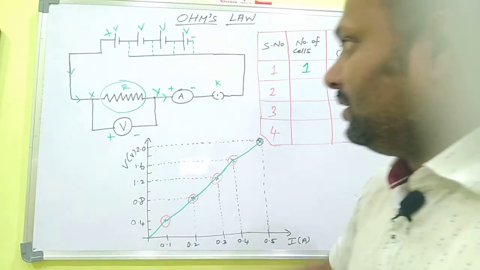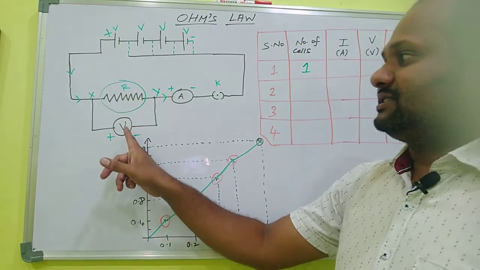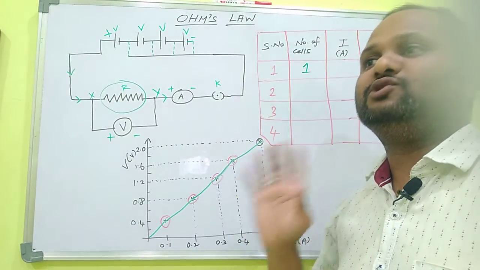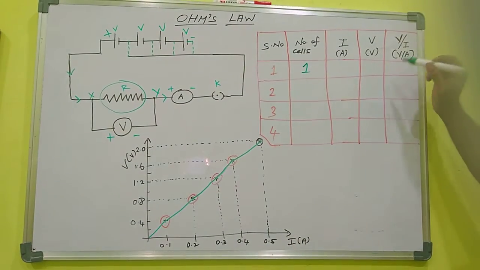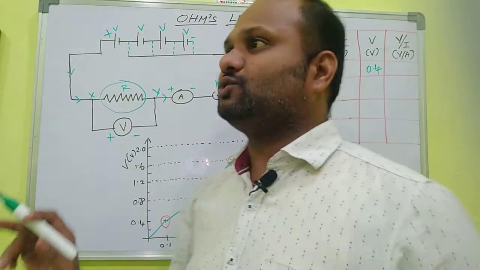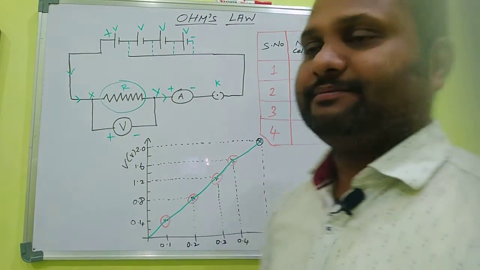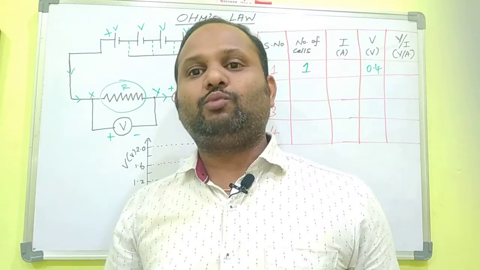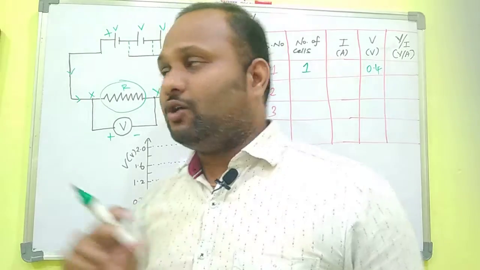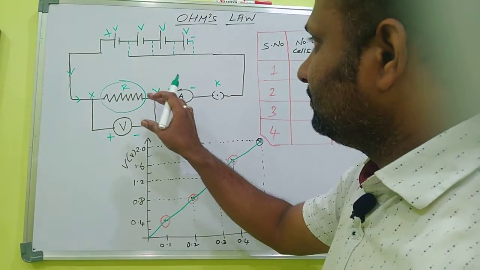Let us consider that the voltage passing through the electrical circuit is 0.4 volt. For example, 0.4 volt is applied between the two ends of the nichrome wire, X and Y, the two ends of the nichrome wire. How much current is drawn?